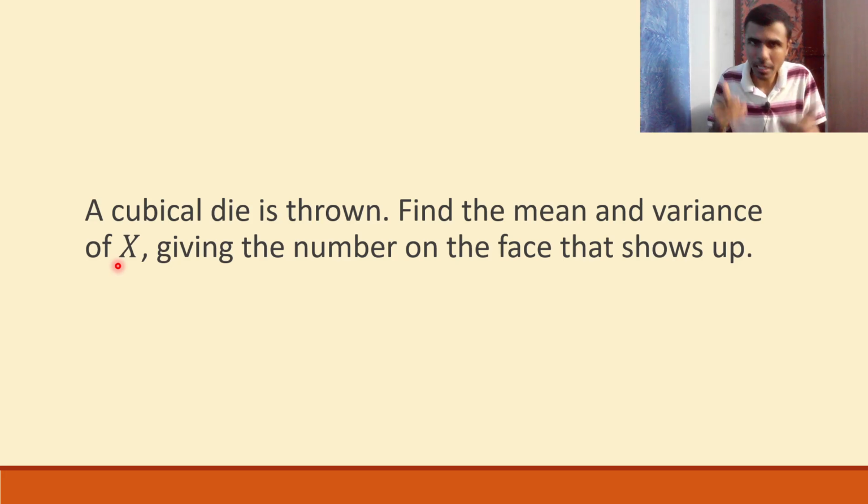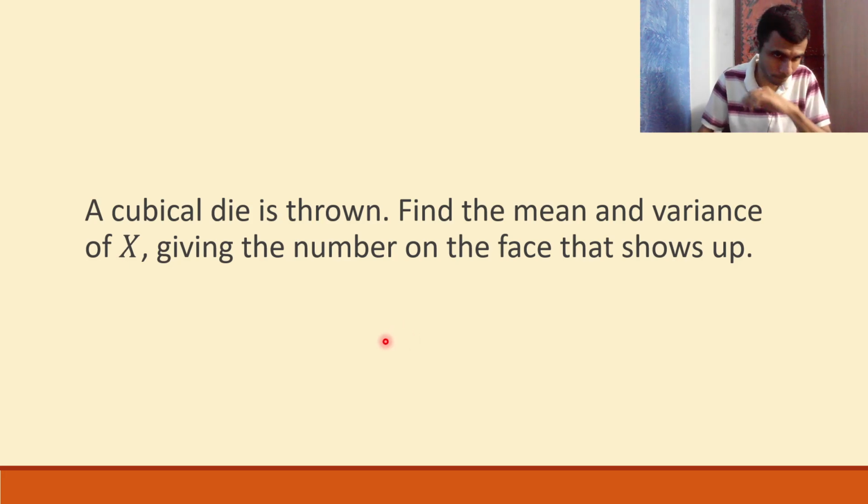It is again 1 by 6. There are 6 possibilities, out of that 2 should come. So number 2, it's one possibility by 6 possibilities. Likewise, probability of getting a 3 is 1 by 6. Probability of getting a 4 on a die is 1 by 6. Getting a 5 on a die is 1 by 6. And getting a 6 on a die is also 1 by 6.